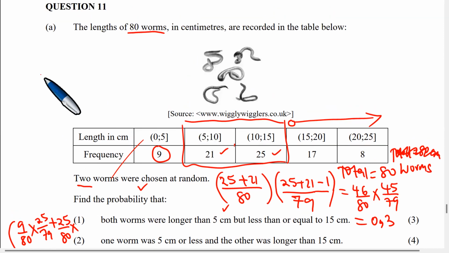So now look, one worm was 5 centimeters or less, which means you had 9 out of 80.